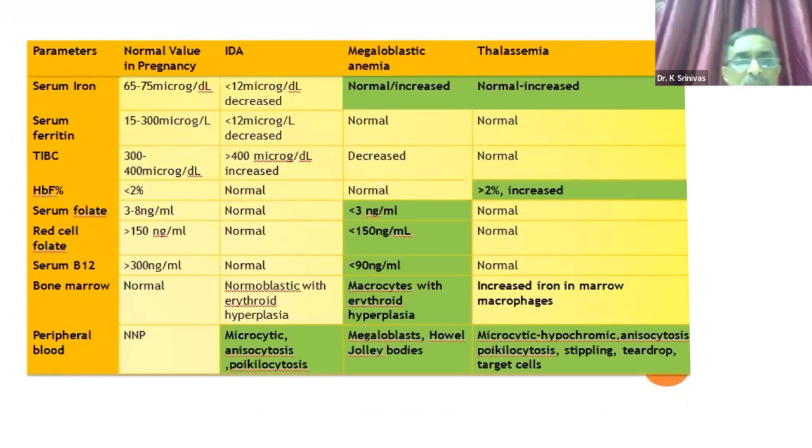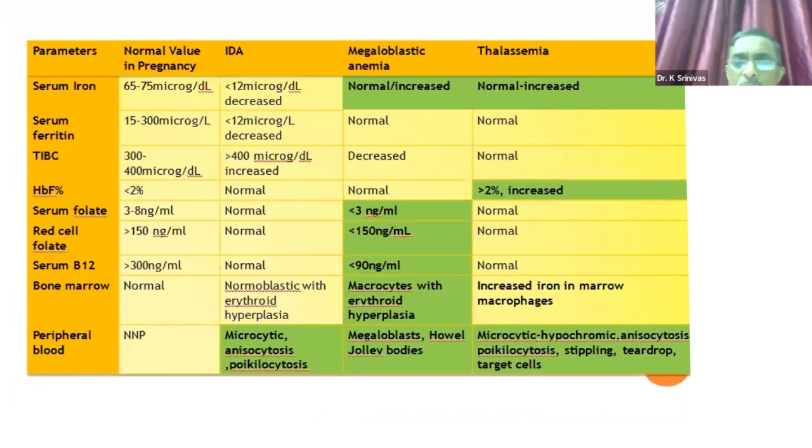The next one is about hemoglobin. Fetal hemoglobin percentage is high in thalassemia, and that will be around more than 2%. Serum folate is decreased in megaloblastic anemia. Red cell folate is decreased. Serum B12 is decreased in megaloblastic anemia, which is normal in IDA and thalassemia.